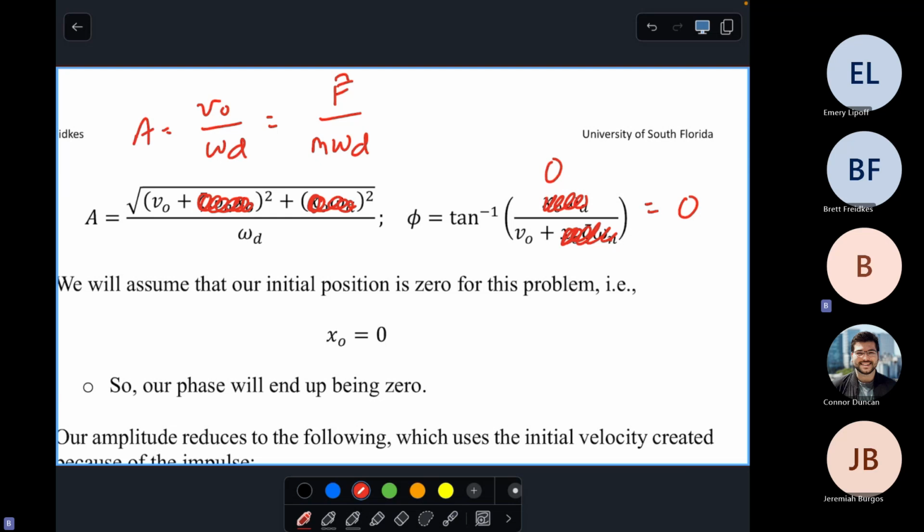So for an impulse caused by the Dirac-Delta function, what is A? Yeah, it's 1 over m omega d. F hat is 1. If I have 7 times the impulse, we see that our amplitude is 7 times as large. We buy that.